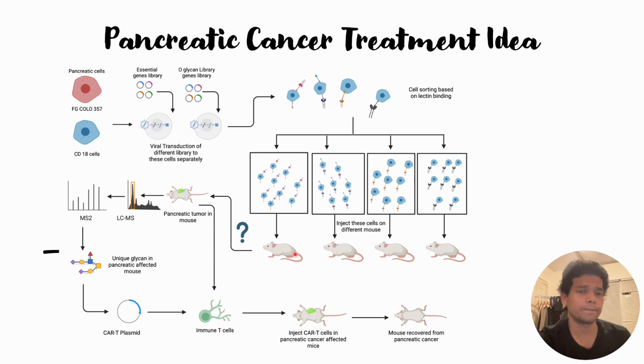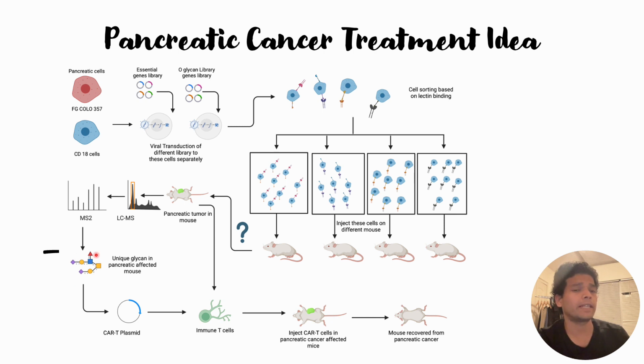After the mouse shows pancreatic tumors, there are two things that need to be taken care of. First, the immune T cells need to be isolated from the mice that show pancreatic cancer, and simultaneously the tumor cells need to be analyzed to see what kind of change in the glycomics profile occurs compared to healthy mice.